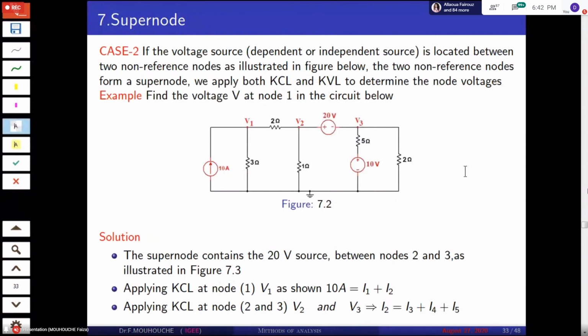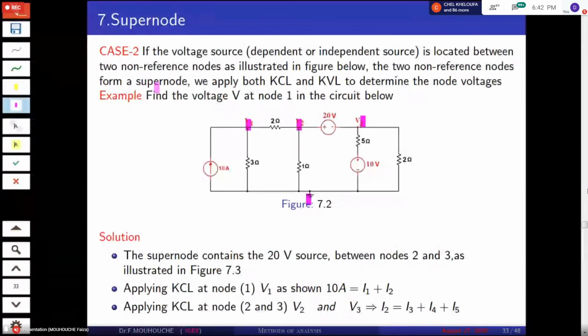Now the case number 2. If the voltage source, dependent or independent, is located between two non-reference nodes, this is the non-reference node, and this one is the reference node, as illustrated in the figure below, the two non-reference nodes form a super node.